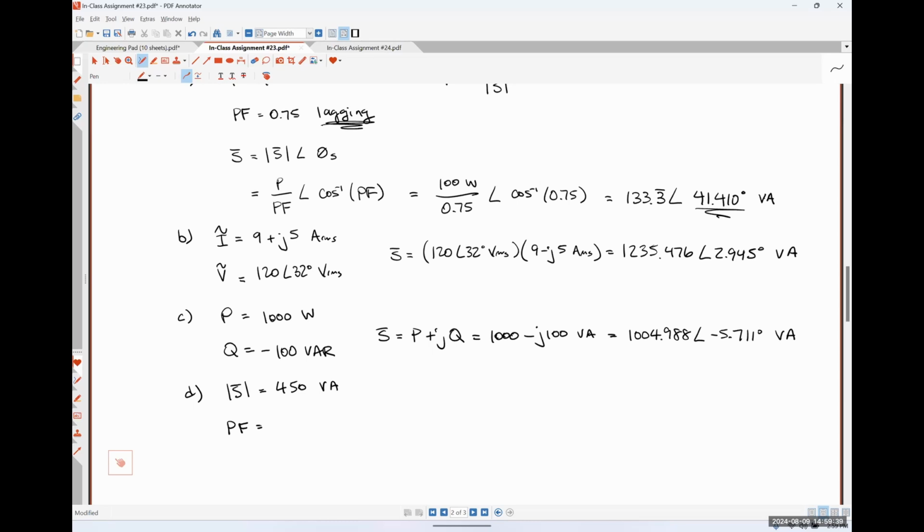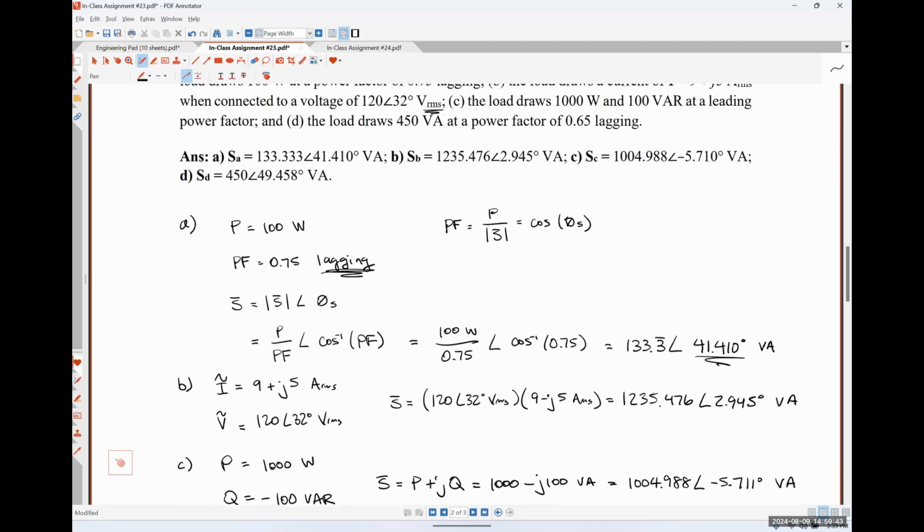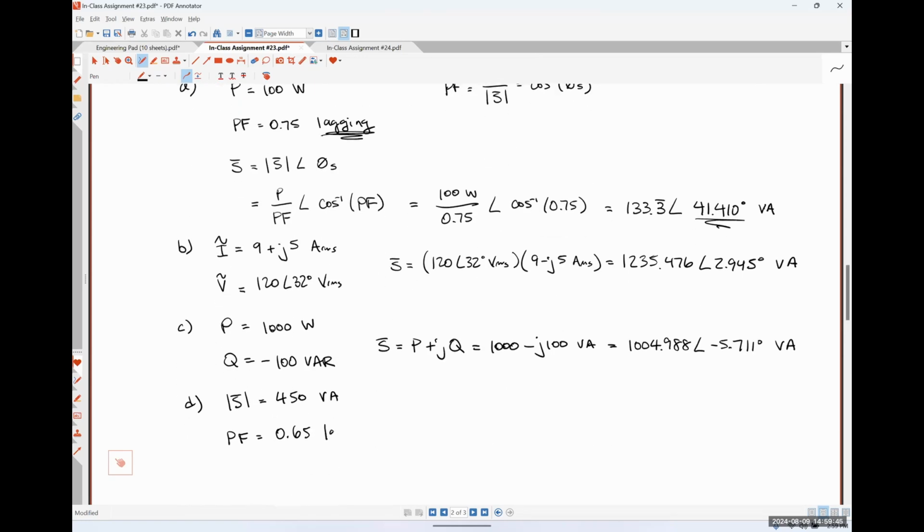And then our power factor is 0.65 lagging. Should have made it lead, but oh well. So using these two pieces of information, how would we get our complex power?